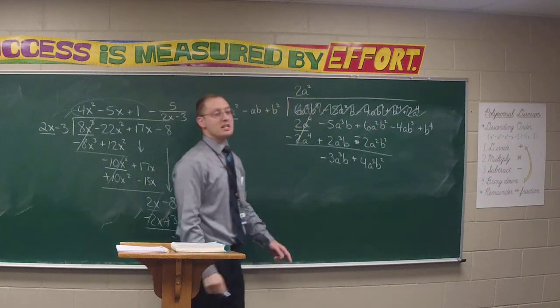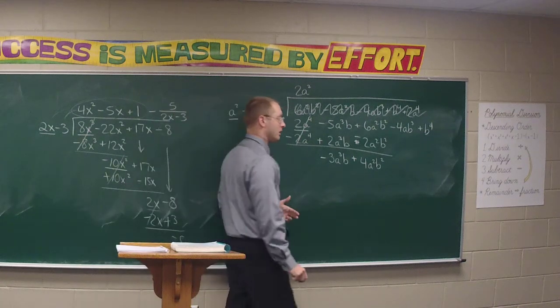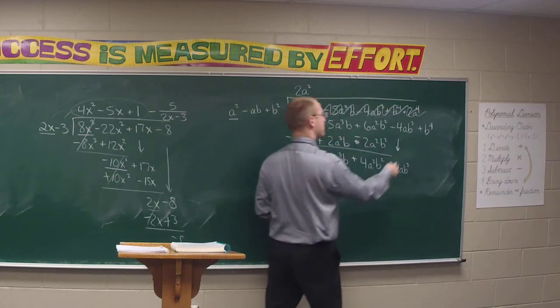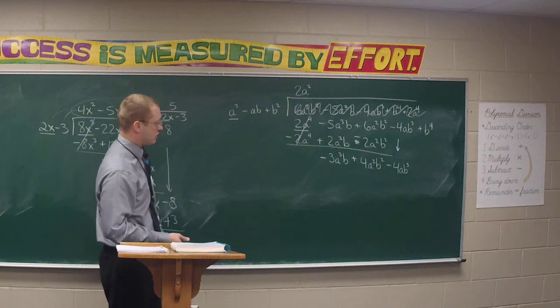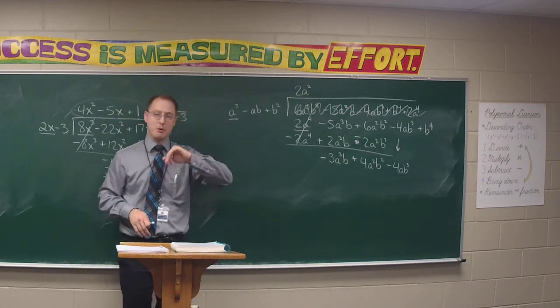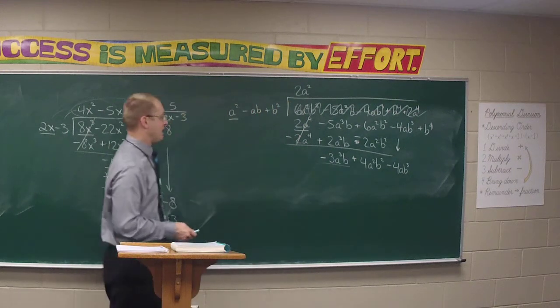And then I need to make sure I've got enough terms for over here, Genesis, so I simply bring down the negative 4ab cubed. Technically, you could bring down the other one with it, but you only need 3 terms, right? So I'll just bring down the 1 extra there. I'll save the b to the fourth for later. And we go back to the beginning, Abby. Once again, we divide the first by the first. And when I divide the first by the first, what do I get, Abby?